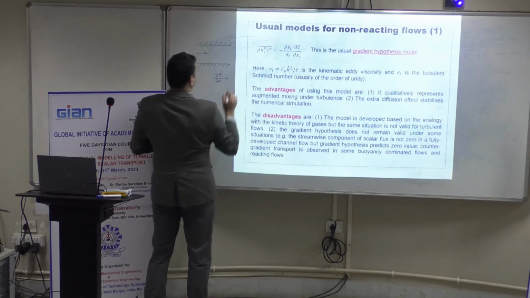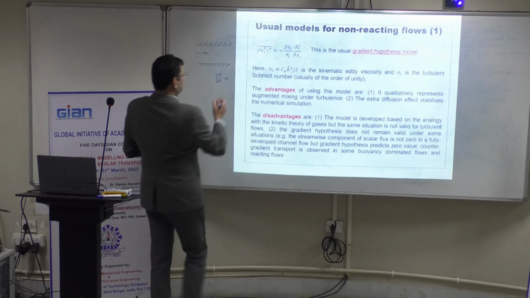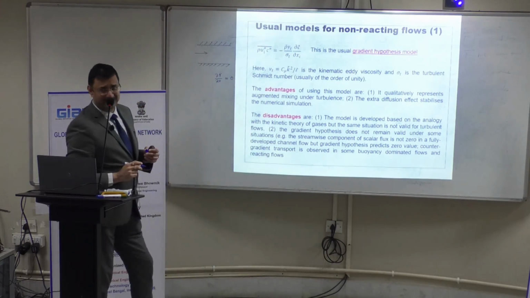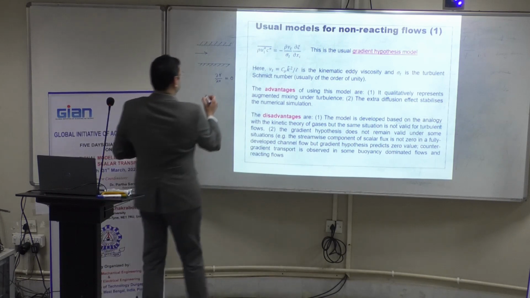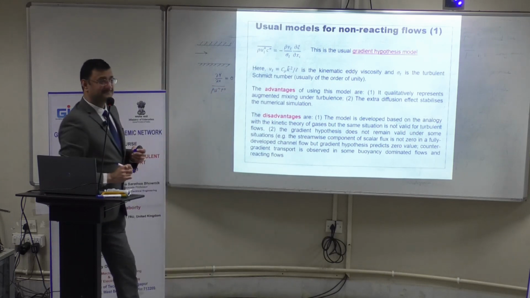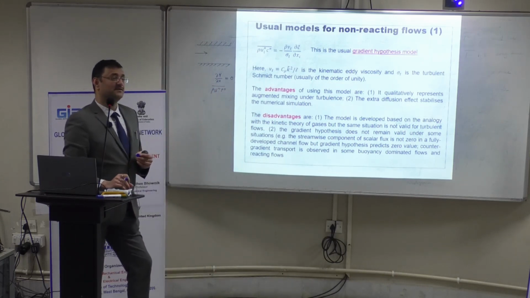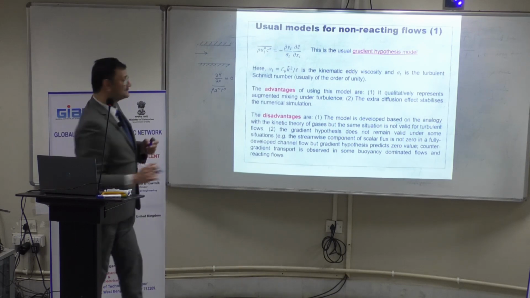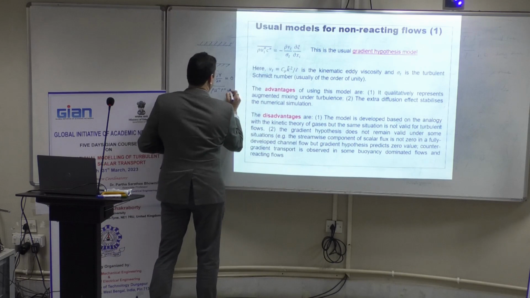So, let's say some scalar whose gradient is equal to zero, right? The scalar flux is not going to be zero necessarily. If you do a direct numerical simulation, that's not equal to zero.